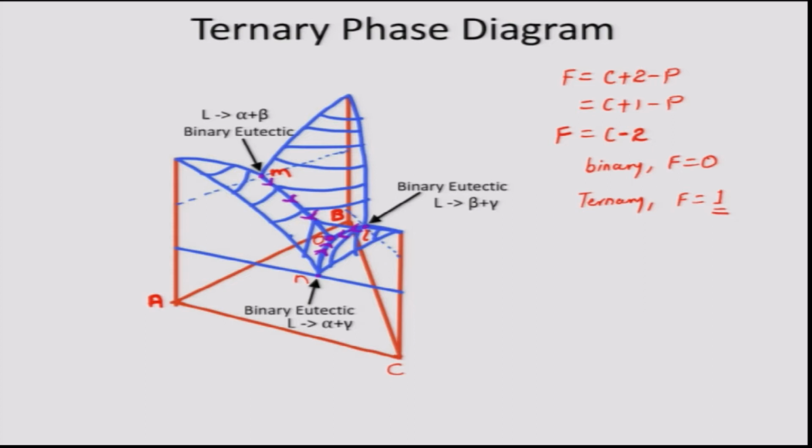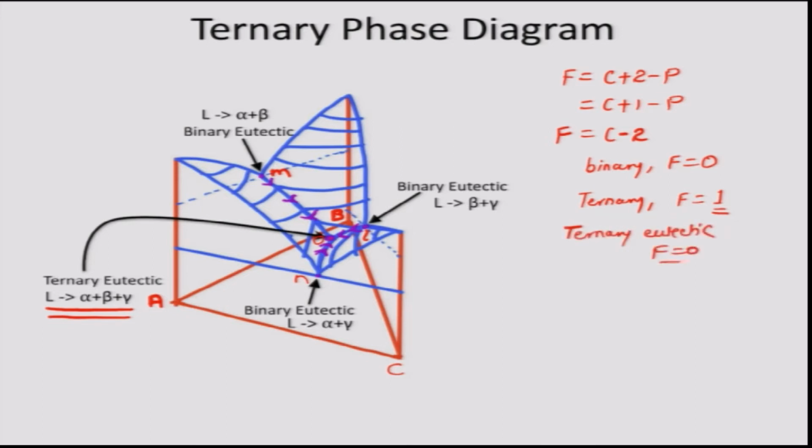The 3 binary eutectics intersect at this point O, and it represents a ternary eutectic. A ternary eutectic has 4 phases in equilibrium. So, this ternary eutectic O represents the reaction liquid gives alpha plus beta plus gamma. If I apply the Gibbs phase rule for a ternary eutectic, here we will see F is equal to 0.